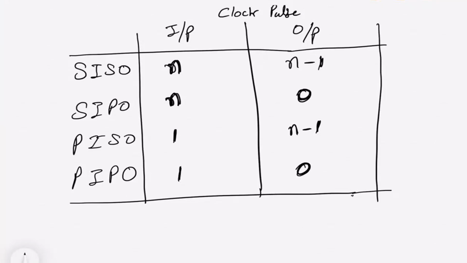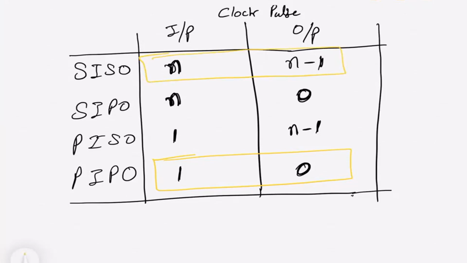So with this, you can say that in this last case, which is parallel in, parallel out case, you need minimum number of clock pulse for storing a set of data and receiving a set of data. If you talk about maximum delay, so maximum delay you can observe in this first case, that is serial in, serial out.